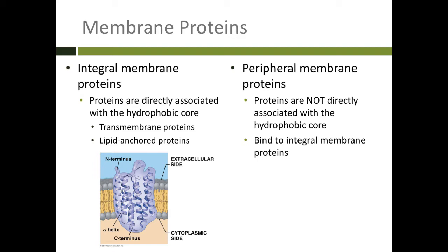The other type of integral membrane protein is a lipid-anchored protein. This is a protein that may not go all the way across, but it is associated with that hydrophobic core. The other category is the peripheral membrane protein, and these do not directly touch the hydrophobic core, but are instead bound to other membrane proteins.